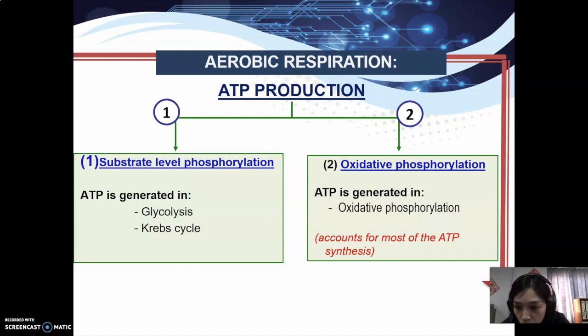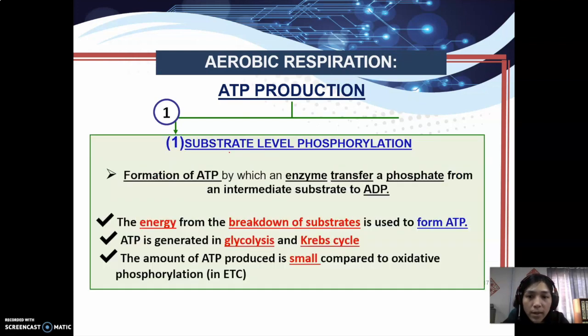We have two methods of producing ATP. The first method is known as substrate level phosphorylation. The second kind of ATP production is known as oxidative phosphorylation. What is the meaning of substrate level phosphorylation? It is the formation of ATP where an enzyme transfers the phosphate group from the substrate to ADP.